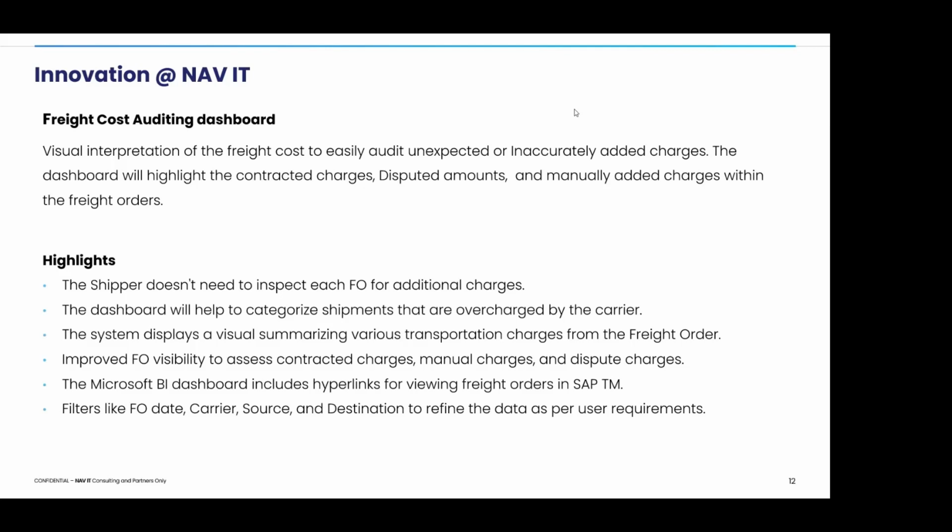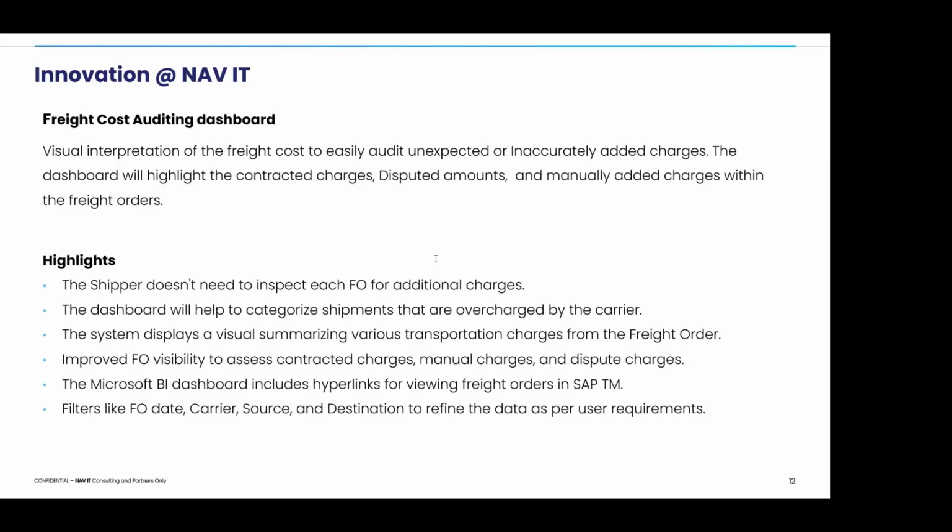The freight cost auditing dashboard is a visual interpretation of the freight cost to easily audit unexpected or inaccurately added charges. What sets it apart is its unique blend of features. Now the shipper team no longer has to manually inspect each freight order for additional charges.